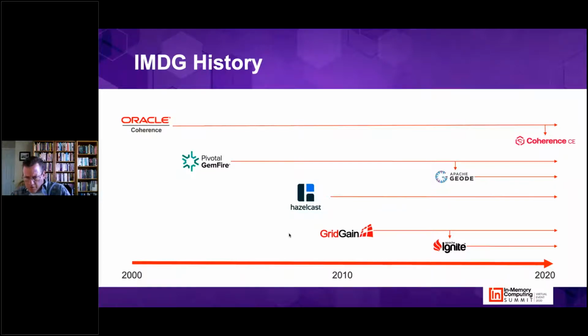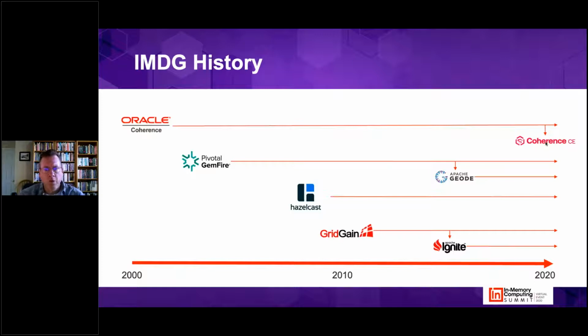I think Hazelcast had an open source and a commercial offering from the beginning. GridGain spun off Apache Ignite in 2014, and Gemfire spun off Geode in 2015. And we spun off Coherence Community Edition just earlier this year, which, as you can imagine, is a pretty big deal for Oracle to create an open source edition of a formerly commercial product.